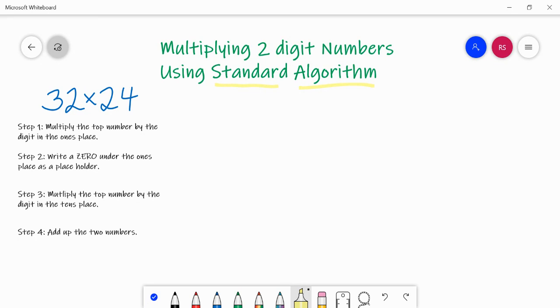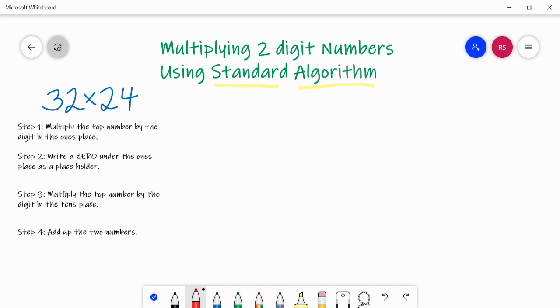So our first problem, you can see it up top in blue right here, is 32 times 24. Before we even get into our steps, I want to show you how to set up a multiplication problem like this. When you have two-digit numbers, you always want to make sure you're lining them up by their place values, just like we do with one-digit numbers.